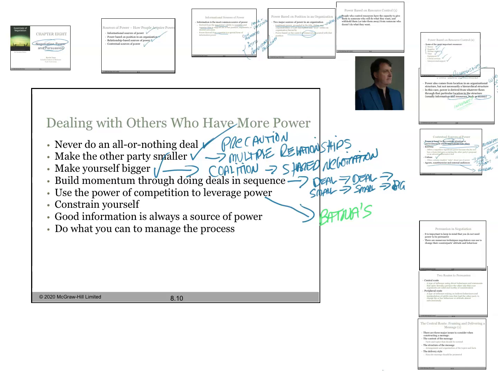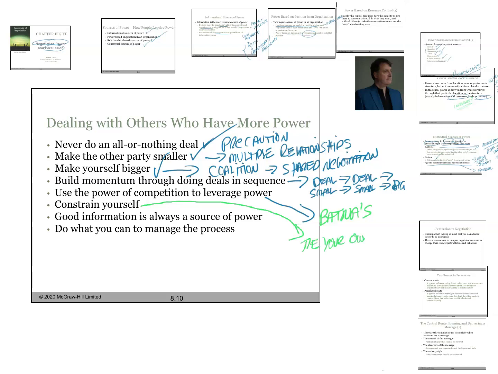So now you're creating BATNAs, you're actually creating internal competition in your own mind that you have these options. And it may also be able to be communicated in one way or another, maybe not directly, but maybe your opponent finds out that they're not the only ones wanting your product or service or whatever it is that's on the table.